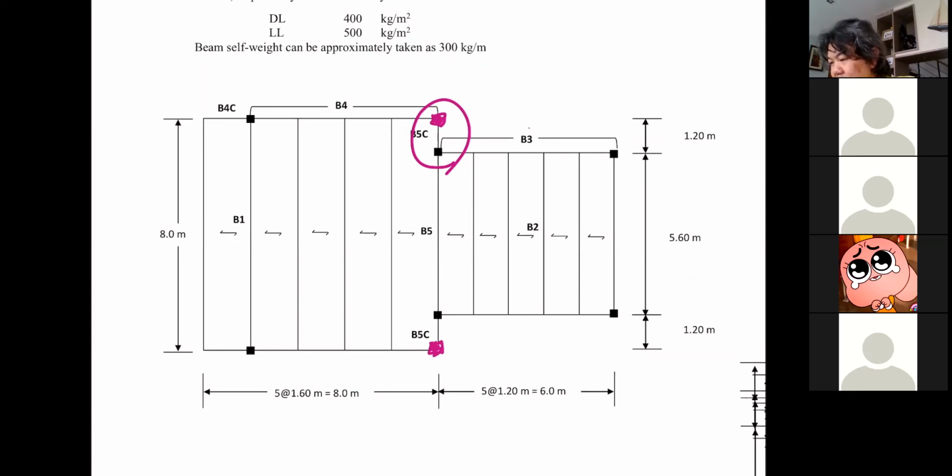So in a structure like this, one column should be enough. But because maybe architects want to have some effects like this, the offset and so, you end up with a structure like this. So you can't have a simple structure. You either have the choice of having the columns at this existing location, or you move it there.